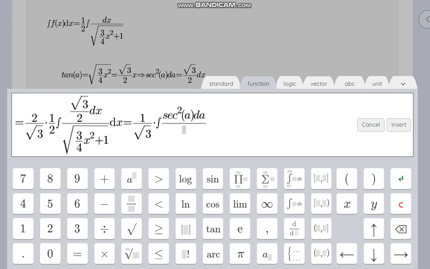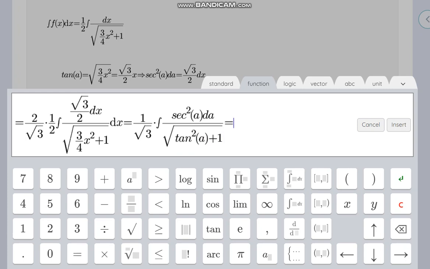So this one equals the square root of tangent squared of a plus 1.